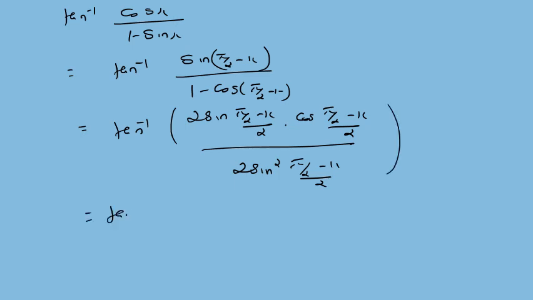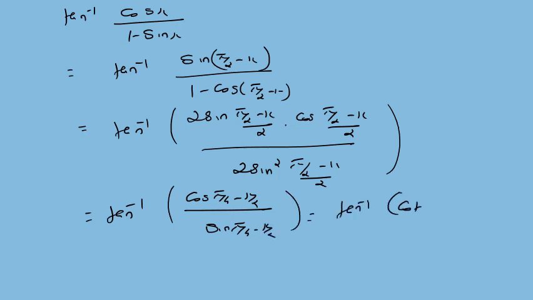So that is tan inverse, the 2 will cancel. So it is cos(pi by 4 minus x by 2) by sin(pi by 4 minus x by 2). So what is it? Tan inverse cot(pi by 4 minus x by 2).